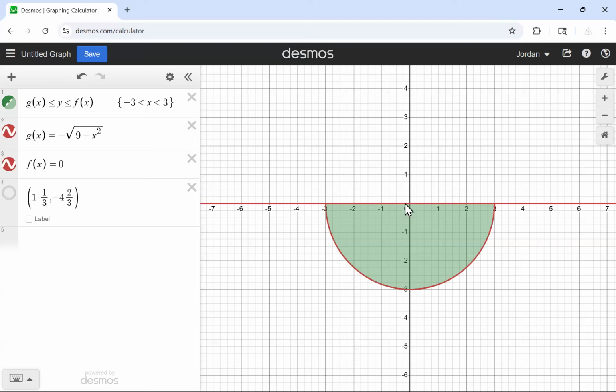Also, just as a note, we're anticipating the moment about the x-axis to be negative because we're anticipating the center of mass to have a negative y value.